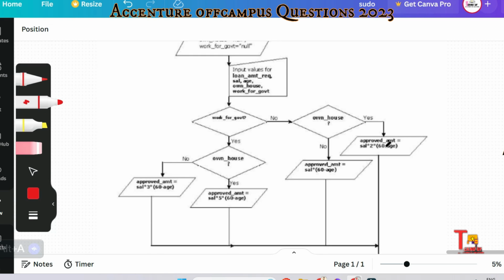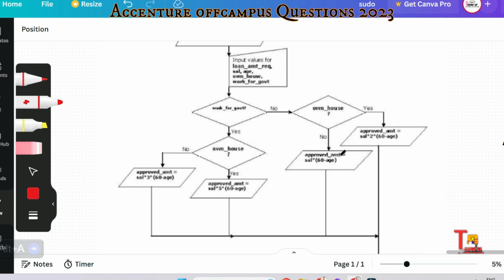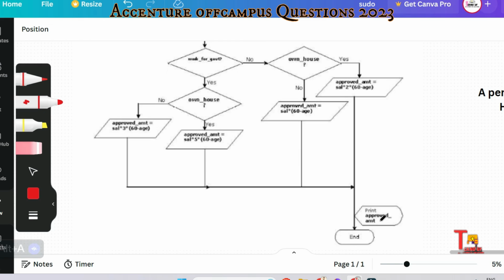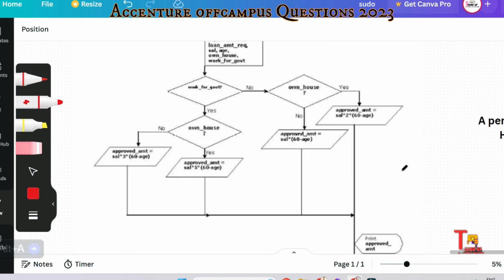Approved amount is equal to salary multiply with 2 multiply with 60 minus age, and here approved amount is equal to salary multiply with 60 minus age, right? And here approved amount is equal to salary multiply with 5 multiply with 60 minus age, right? And approved amount is equal to salary multiply 3 multiply 60 minus age, right? Print approved amount. So approved amount should be printed at the end.